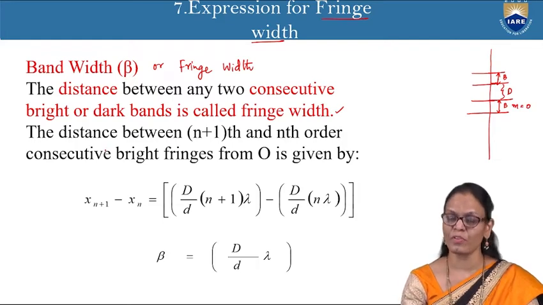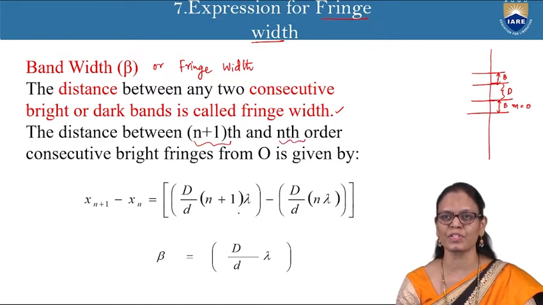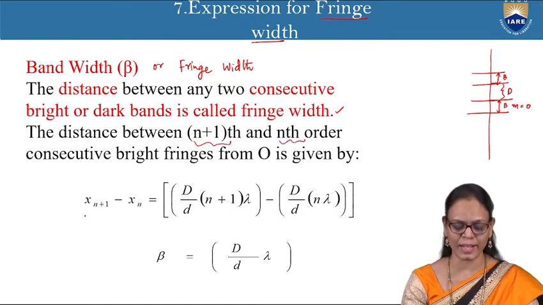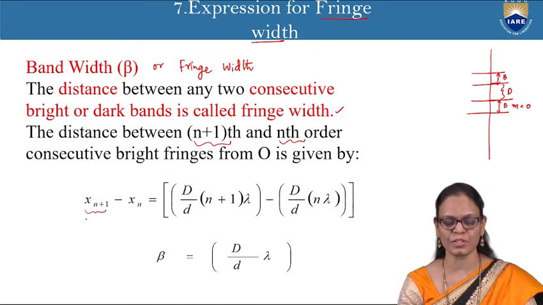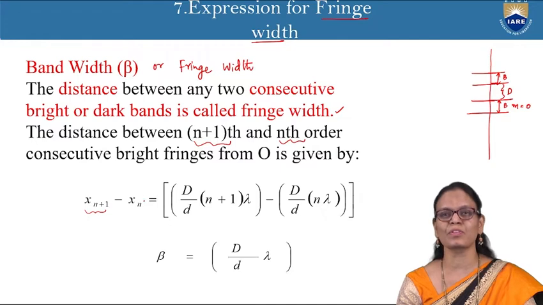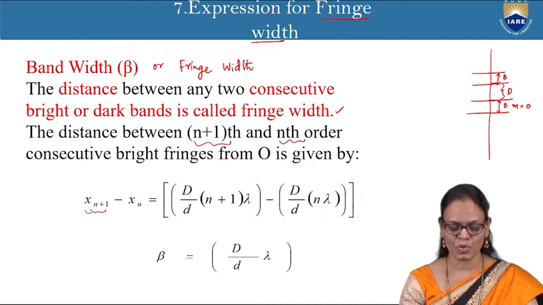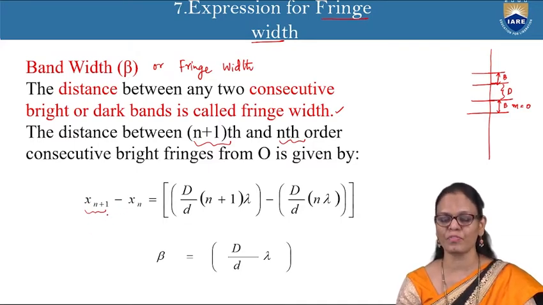What we do is calculate the distance between the n+1th and the nth order consecutive bright fringes. x(n+1) is the position of the n+1th bright fringe, and xn is the position of the nth bright fringe. So if we want to know the fringe width, we have to do x(n+1) minus xn. How do we get the expression for fringe width?